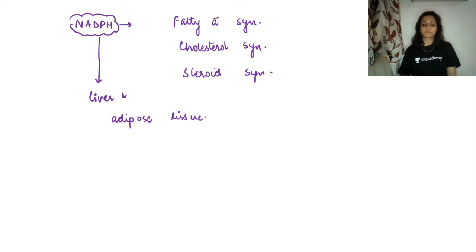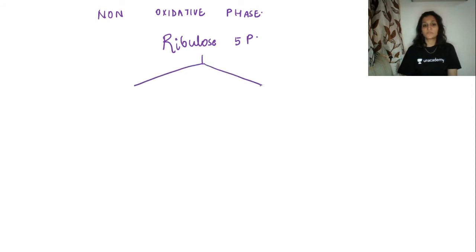tissue. Now we'll be talking about the non-oxidative phase. Now how are we going to do this? We'll see ribulose 5-phosphate. It is going to get converted into two products, that is xylulose 5-phosphate and ribose 5-phosphate.